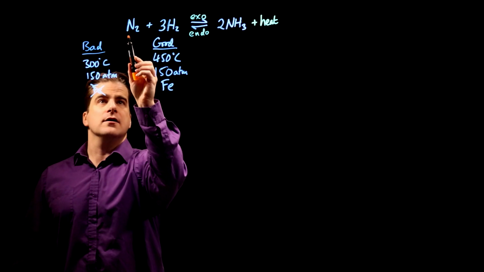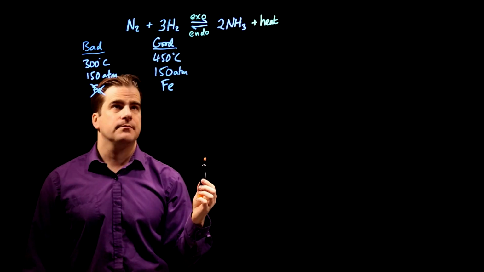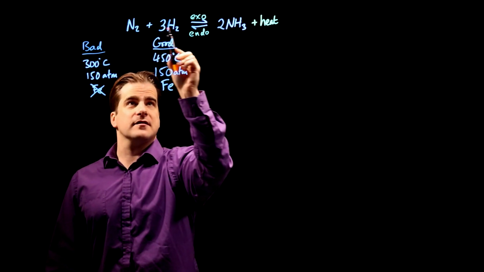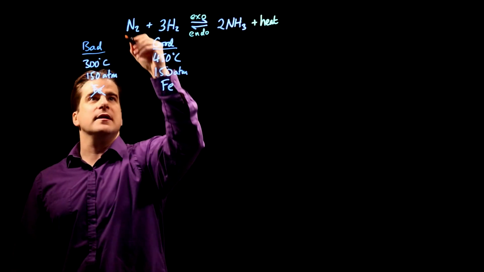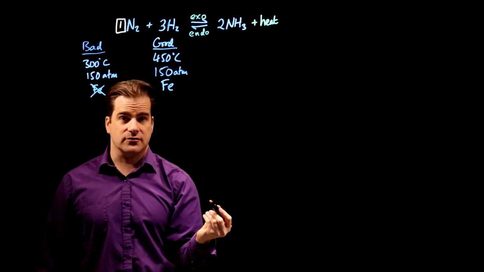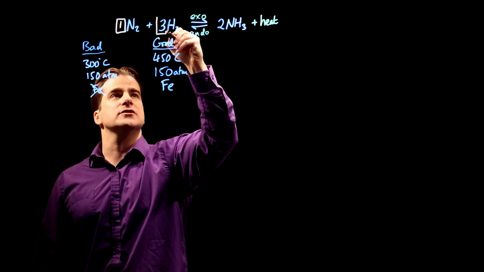And to do that, you look at the big numbers in front of each molecule. Okay? Ignore the little numbers. The big numbers determine the number of each molecule. So that's just N2. So that means there's an invisible 1 there. It's just 1 molecule of nitrogen. 3H2, that means there's 3 molecules of hydrogen.